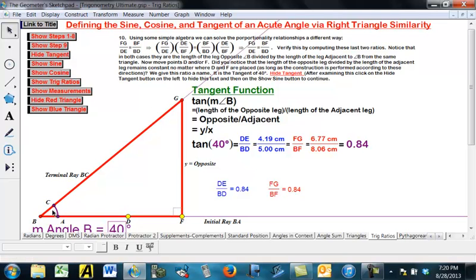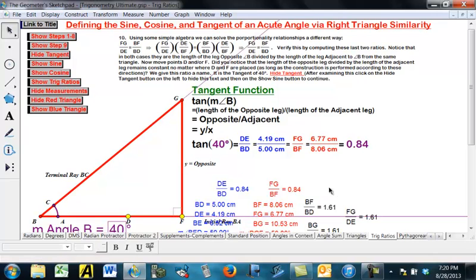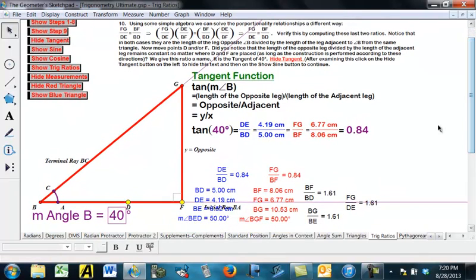Notice the hypotenuse is also adjacent to B, but that's not one of the legs, so that's the hypotenuse. The tangent doesn't have anything to do with the hypotenuse, it has to do with the two legs, and it's the ratio of those two legs. It's the length of the opposite one, y, which is FG here, divided by BF, this one here.